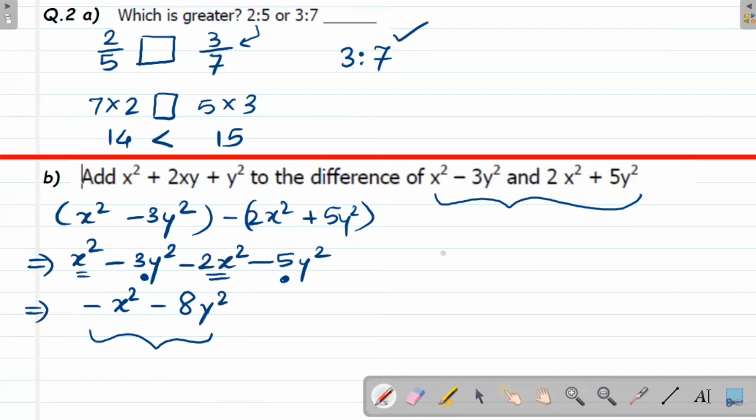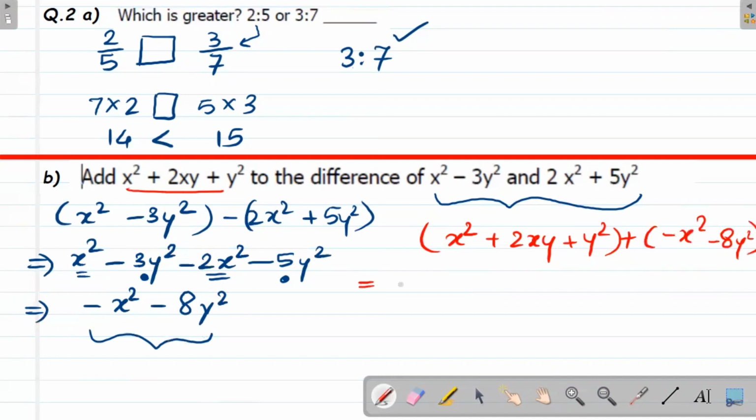Now this answer you need to add into this first term. What is your first term? X square plus 2xy plus y square plus minus x square minus 8y square. Now do the addition. X square plus 2xy plus y square minus x square minus 8y square.